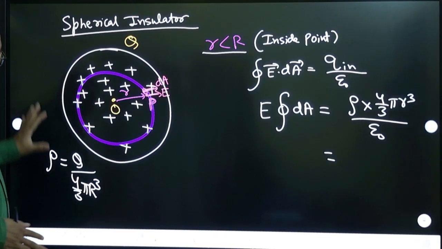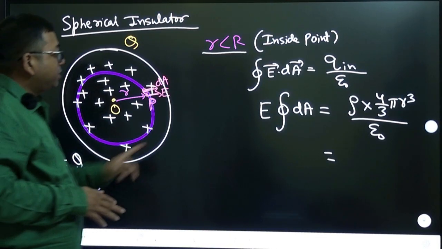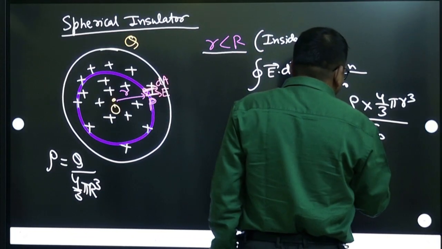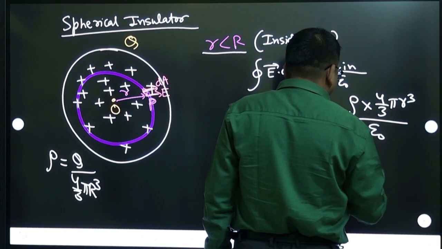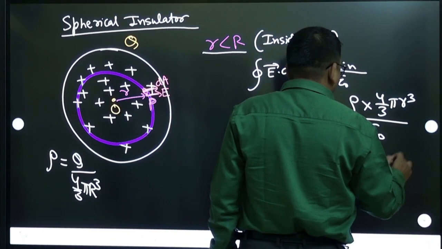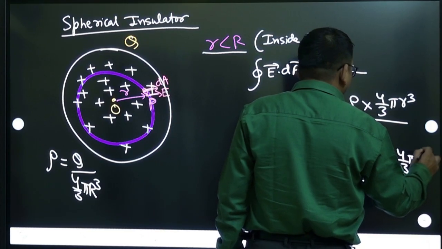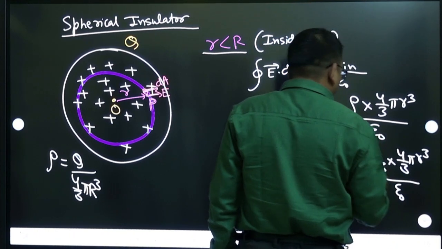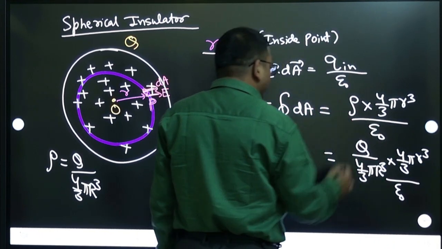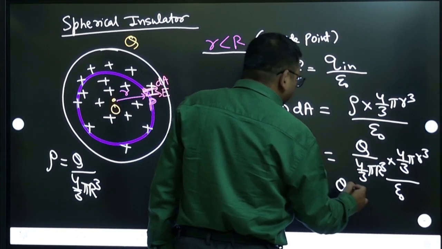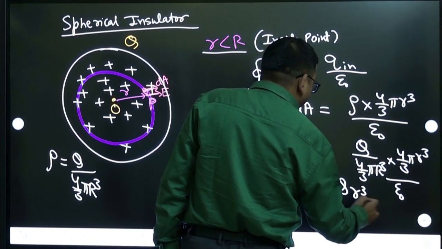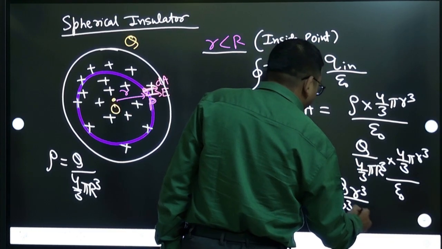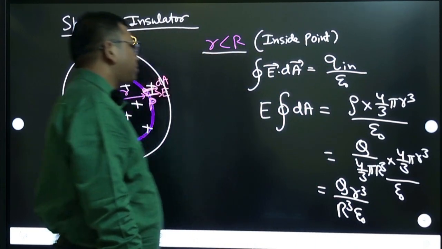Now we'll use that: total charge by 4 by 3 pi capital R cube, into 4 by 3 pi small r cube, divided by epsilon naught. 4 by 3, 4 by 3 gone. Very simple calculation: Q small r cube by capital R cube into epsilon naught.